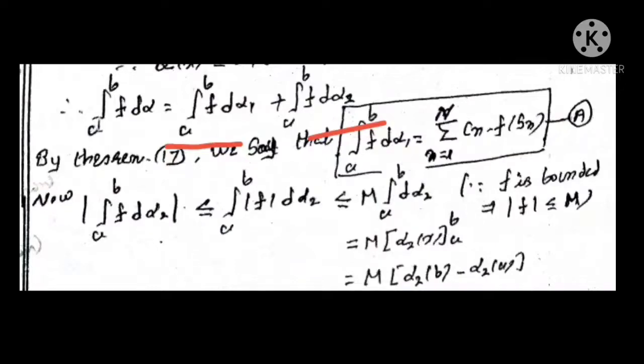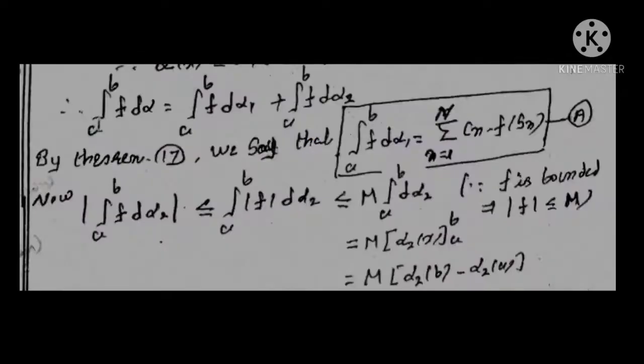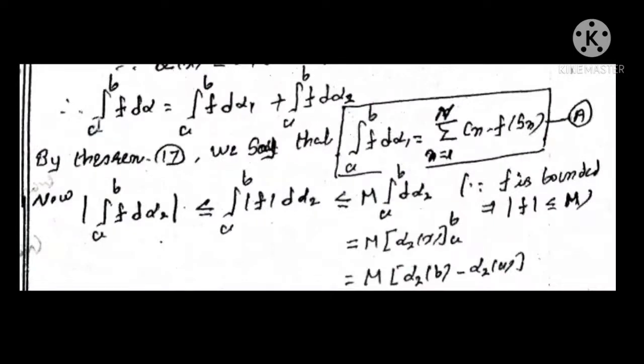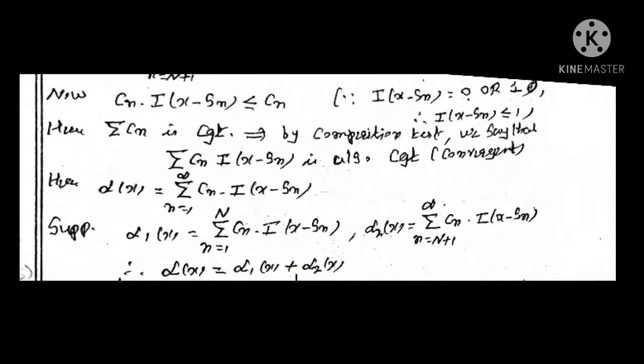Alpha 1 of x is equal to the sum from n equal to 1 to N of Cn times the step function of x minus Sn.